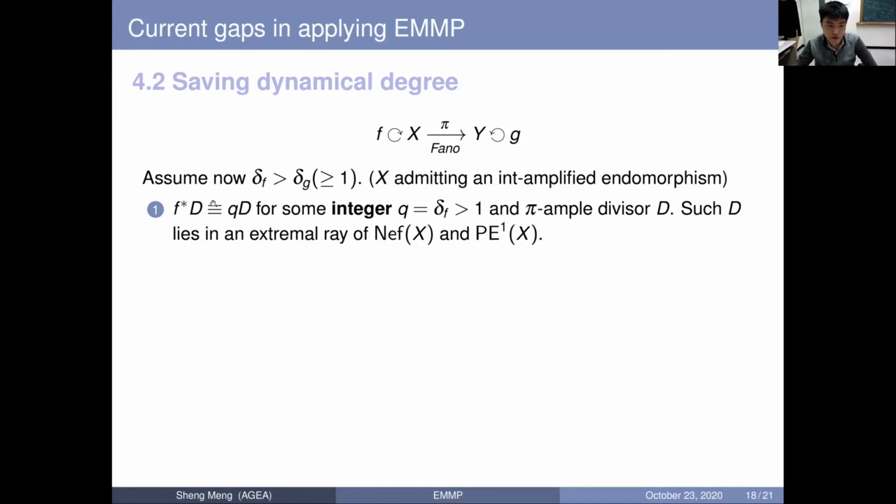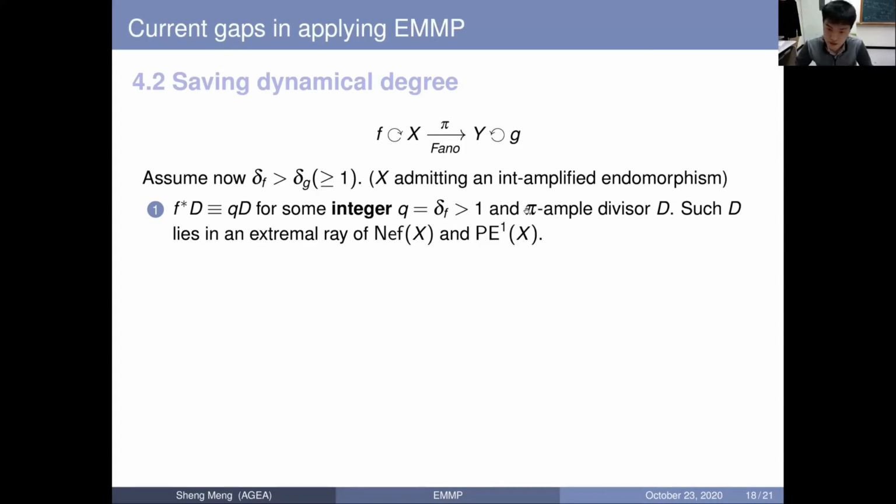Therefore, we can find an eigenvector D with eigenvalue q, and q equals delta F. And now you can see delta F is an integer.